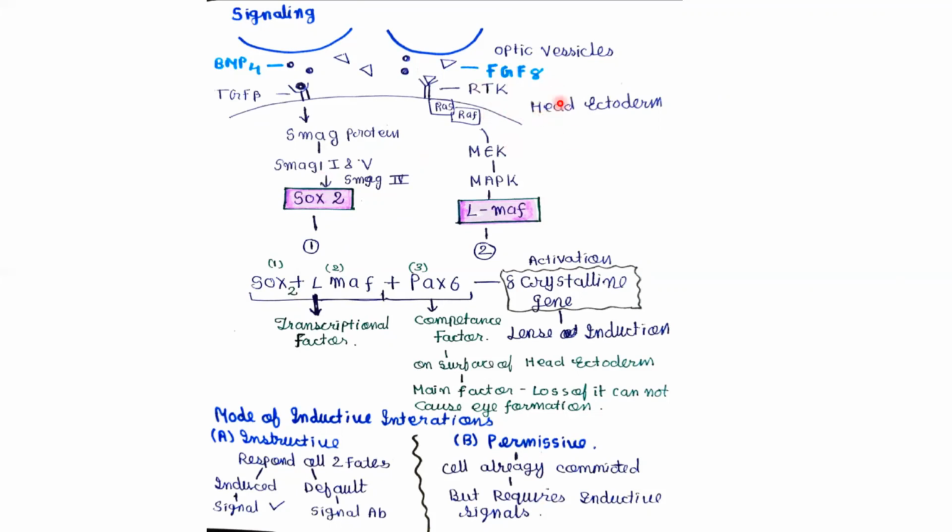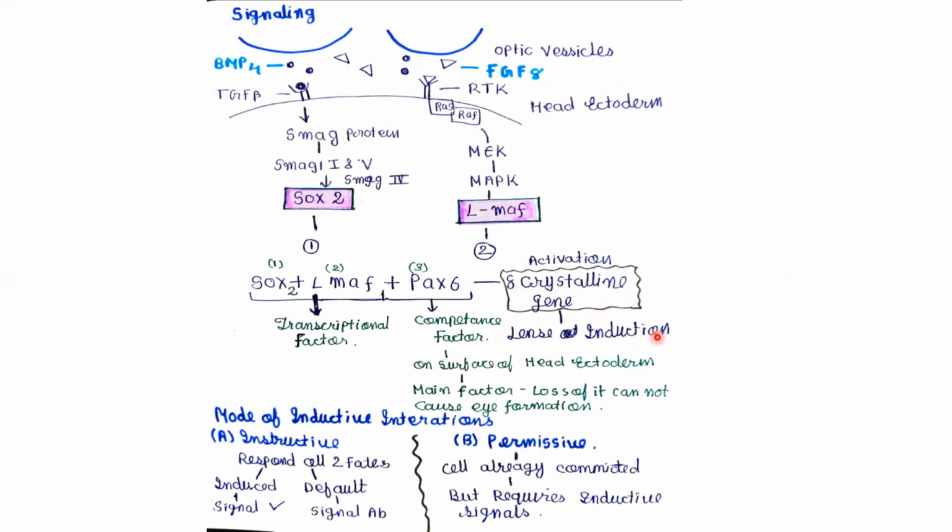In the RTK receptor pathway, RAS and RAF are activated, and then finally MEK and MAP kinase are activated, which activates the transcriptional factor L-Maf. These two transcriptional factors, SOX2 and L-Maf, together with PAX6, the competence factor, activate delta crystallin genes, and then lens induction is seen in amphibians.